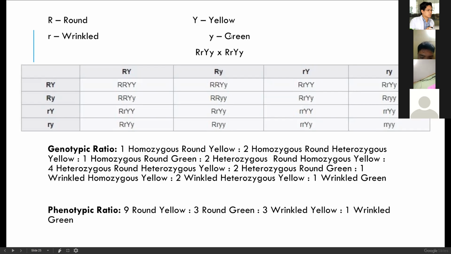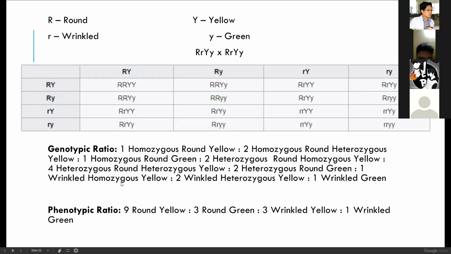So either way, an organism has a round shape, which is colored yellow, and a wrinkled shape, which is colored either yellow or green. It depends upon the organism. Meaning these are two different alleles mixed in an organism. We are actually composed of different alleles.